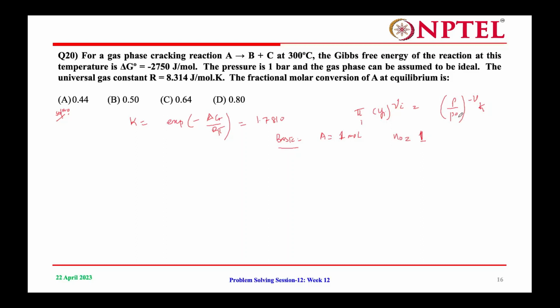This P naught equals 1 bar. X is the fractional molar conversion.